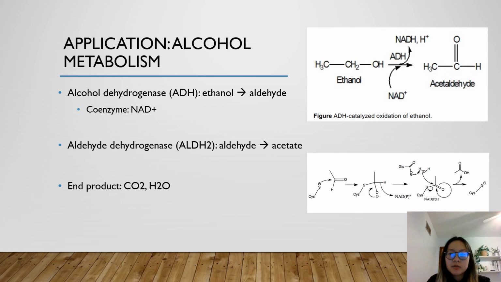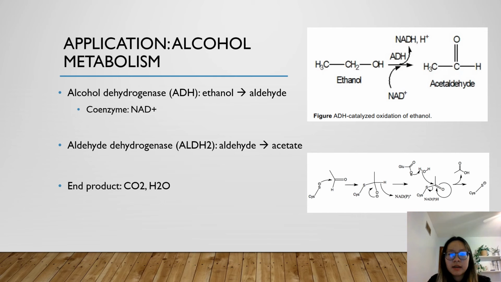In fact, as we see in the figure in the upper right corner, this enzyme actually has a coenzyme NAD+, which is very important in this reaction. And so NAD+ plays roles in not only redox reactions in cells, but also key cellular functions such as metabolic pathways, DNA repair, and chromatin remodeling.